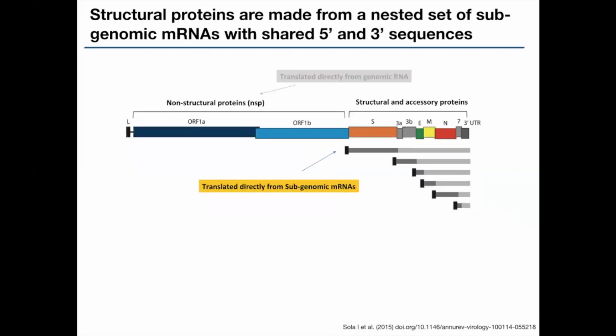Okay, then that protein is processed, as I mentioned, but how do you get production of all of the rest of the proteins that are found on the 3' end of the viral genome, the structural and accessory proteins? These are made from basically a nested set of what are called subgenomic RNAs that are all 3' coterminal.